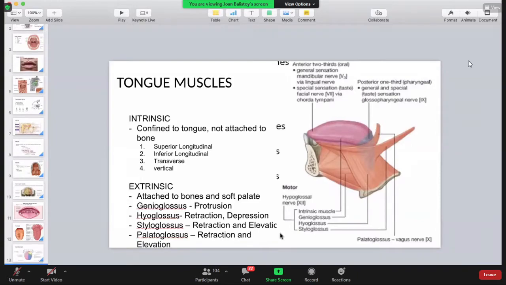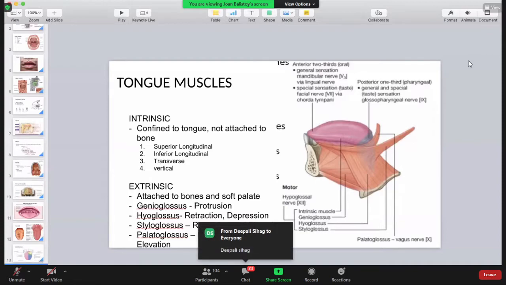So what are the tongue muscles? We have two kinds: intrinsic muscles and extrinsic muscles. The intrinsic muscles are the ones that change the shape of your tongue. When you want to curl your tongue, the intrinsic muscles are responsible for that.